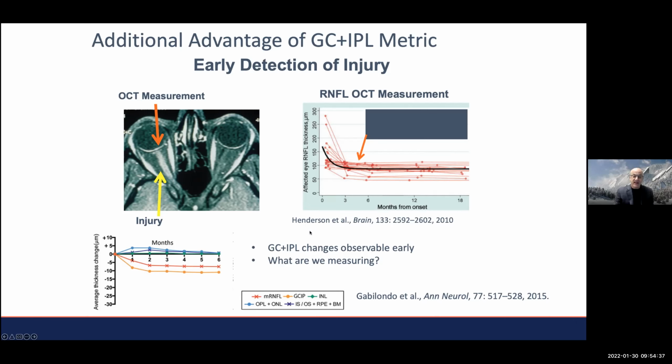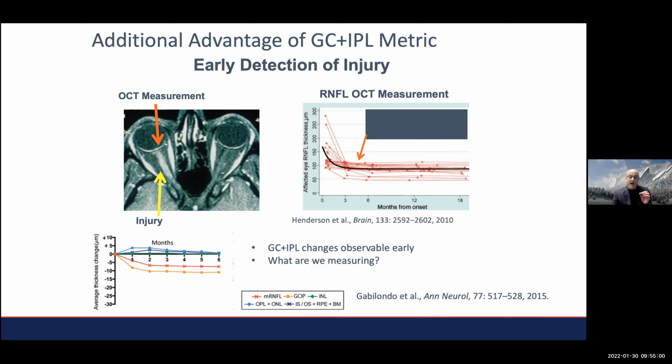But ganglion cell inner plexiform loss can be noticed a little bit earlier, raising the question of what are we noticing here in this measure? How are ganglion cells being lost earlier than their cable? And or are we looking at not necessarily ganglion cell loss, but loss of the dendritic tree in the inner plexiform layer?